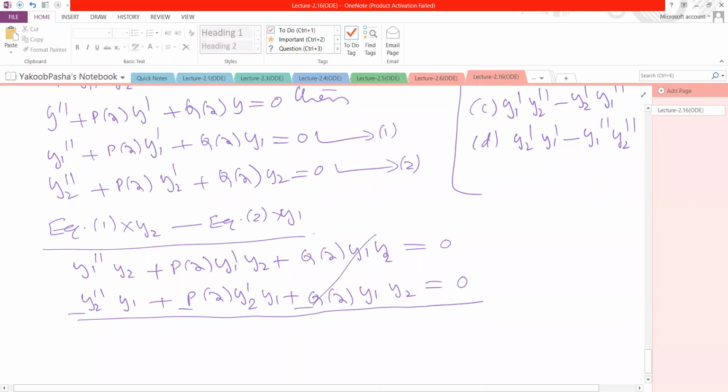Minus, these two terms are the same, so they cancel. So we can take y1 double dash y2 minus y2 double dash y1 as the first term, plus in these two terms we can take P of x as common, remaining y1 dash y2 minus y2 dash y1, is equal to 0.